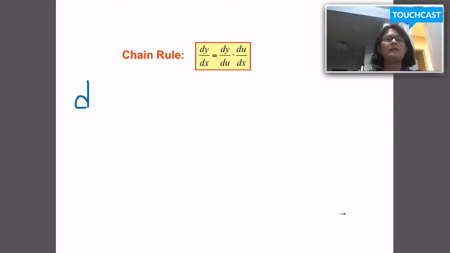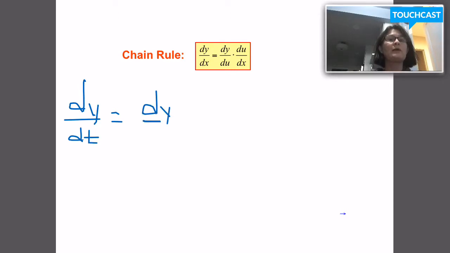If I had a function y that was a function of x, and x was a function of t, then I could find dy dt by taking the derivative of y with respect to x and multiplying by the derivative of x with respect to t.